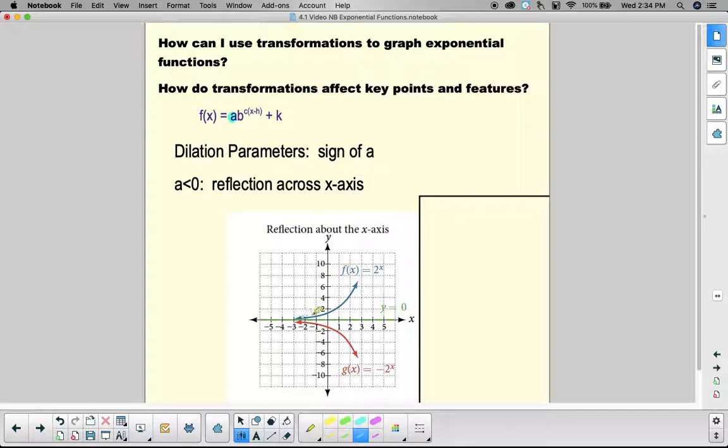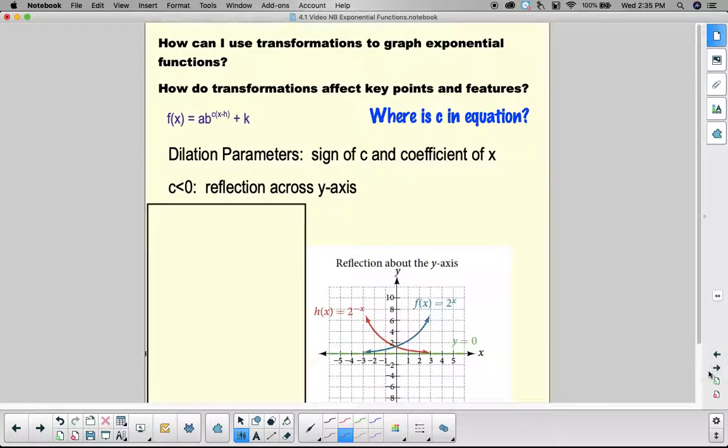So with f of x equal to 2 to the x, if we multiply by negative 1, so a is equal to negative 1, the function gets reflected across the x-axis. The horizontal asymptote doesn't change, but the y coordinates of all the points flip their signs. The x coordinates don't change.